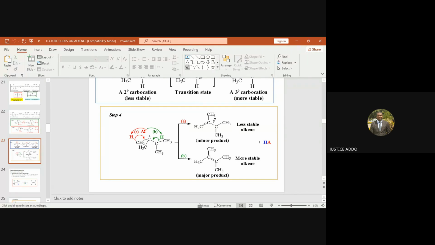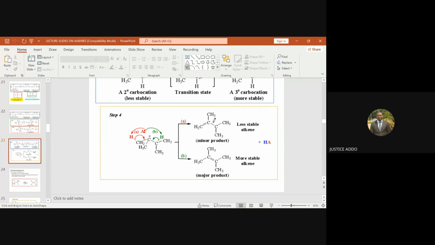How do we determine stability of alkenes? The most highly alkylated alkenes are the most stable ones. Meaning, when you take the two carbons bearing the double bond, which of them has more alkyl groups on it?